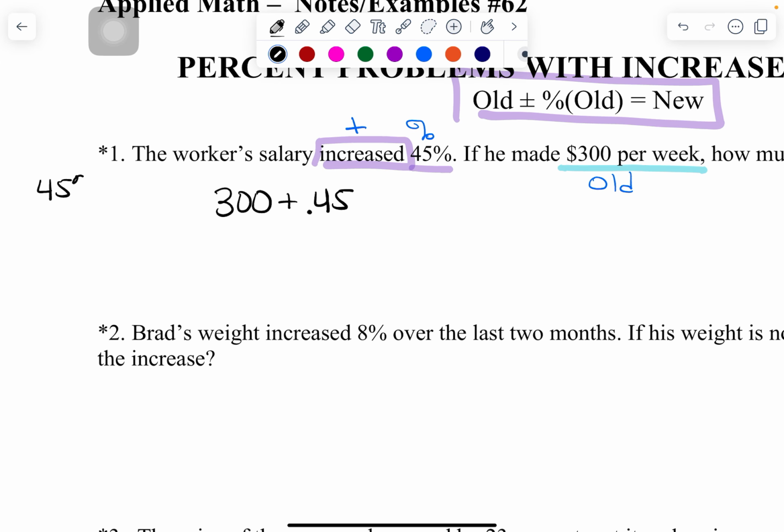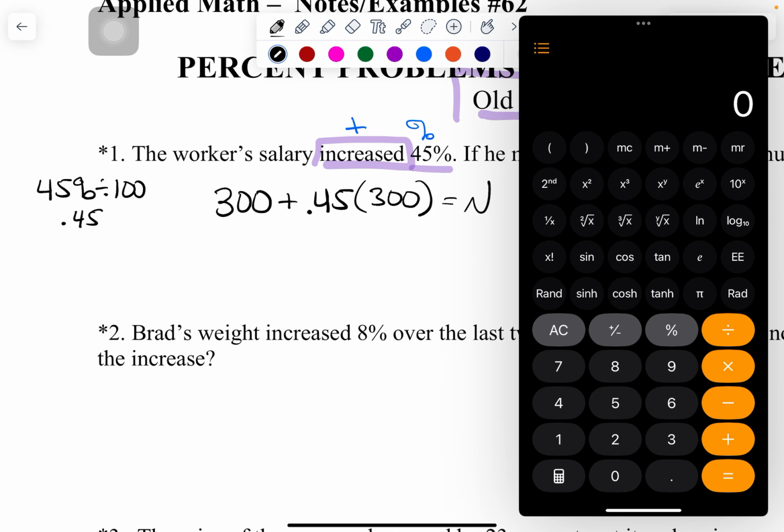Reminder, 45%, write the percent sign. If you divide that by 100, that will turn it into the decimal that we're looking for. All right, so 45% times old equals new. I'm just going to put N for new.